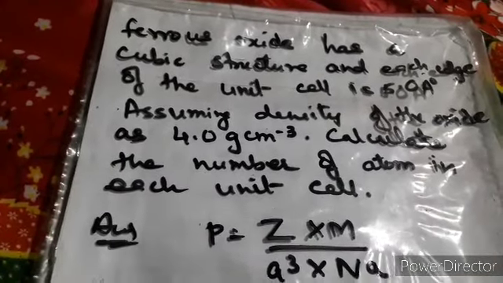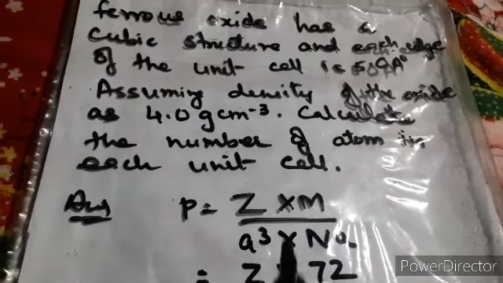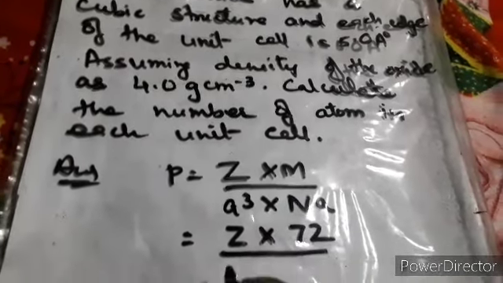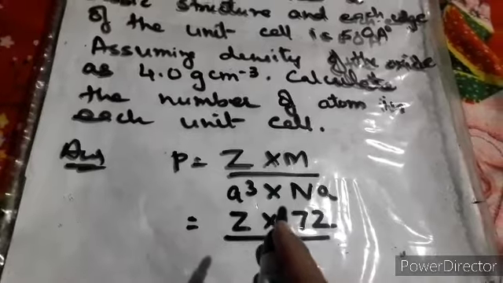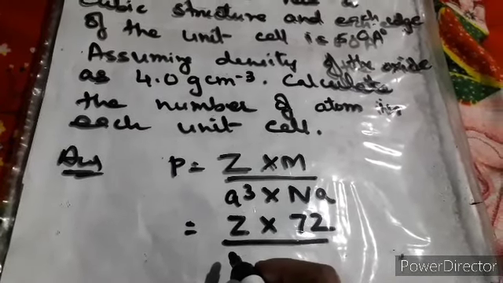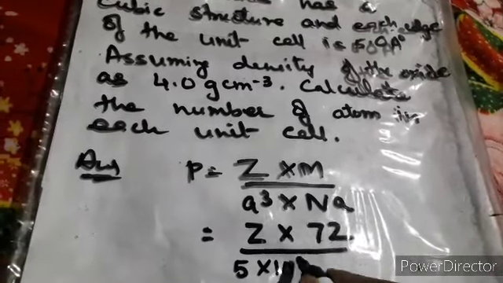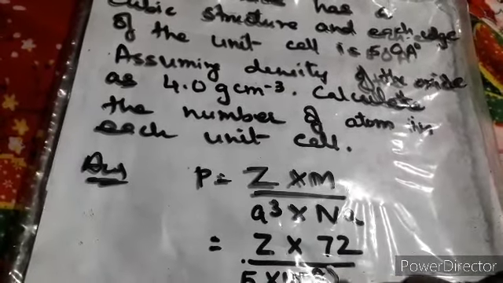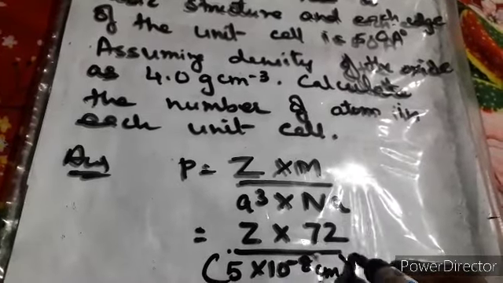So this 72 you will calculate for FeO, ferrous oxide, and you will get the value 72. Then A cube, they have given 5 Angstrom, but you have to convert it into centimeter because your formula was gram per centimeter cube. So 5 into 10 raised to power minus 8, you can write centimeter also, so that you can understand the cube.